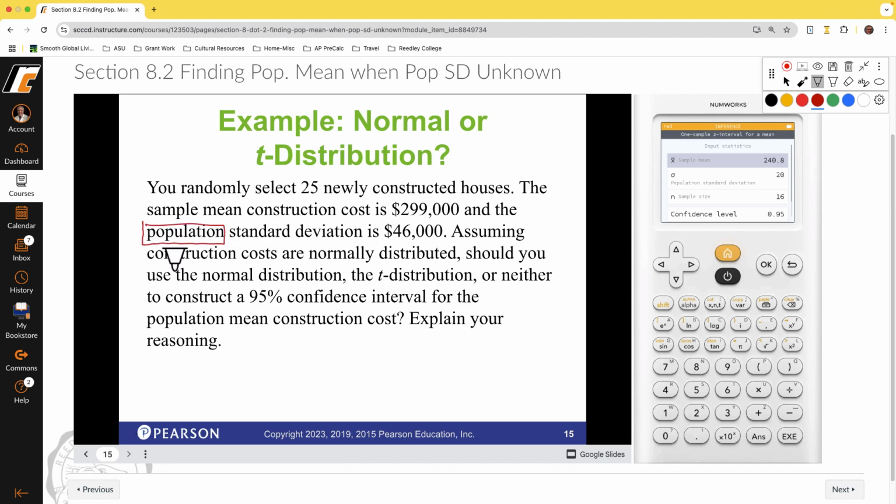If it's from the population, we're going to do a z interval. If it's from the sample standard deviation, then that's when we use a t interval.